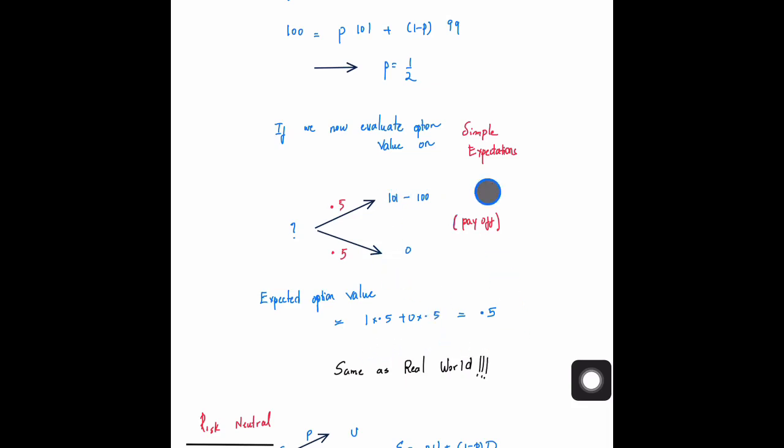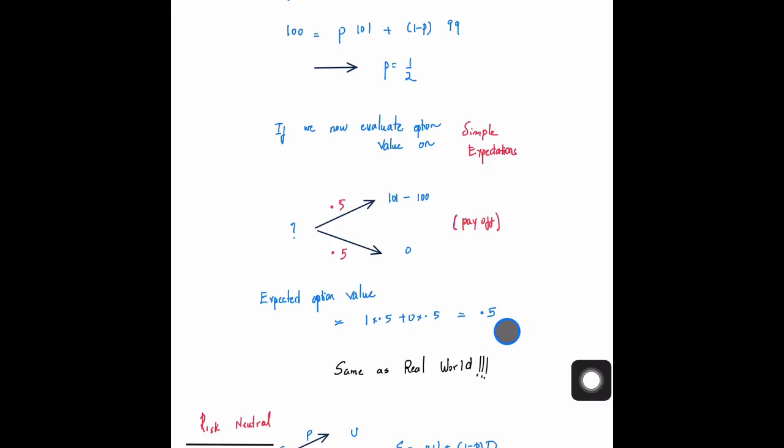So it is almost like I made a mistake over here in the probability, then I'm using a mistaken way of doing the option evaluation. Because if I use the right probability, I was getting a wrong answer. That means this method itself was wrong. But if I use this particular method which was wrong, utilizing the value of the probability which itself was wrong, the two wrongs are cancelling to give you the same option value in the end.